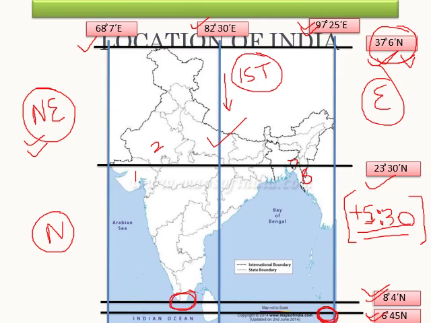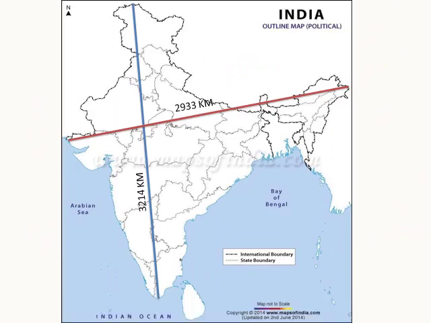All right, now next is the political map of India. In this you can see the distance from east to west as well as from north to south. In the mainland of India, the distance from east to west, from Arunachal Pradesh to Gujarat, is 2933 kilometer. But the distance from north to south is 3214 kilometer.